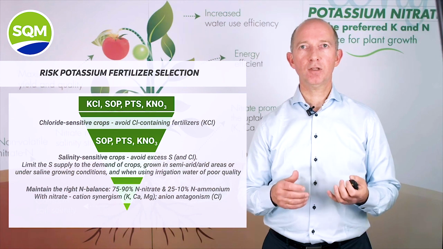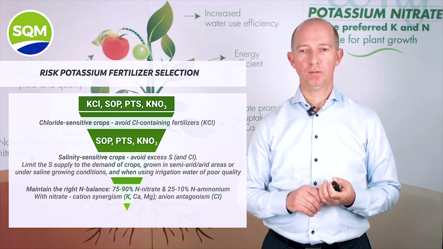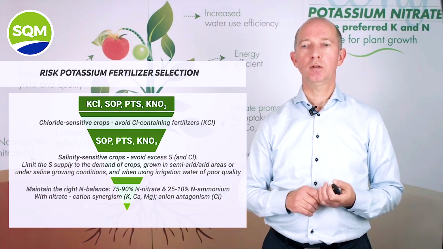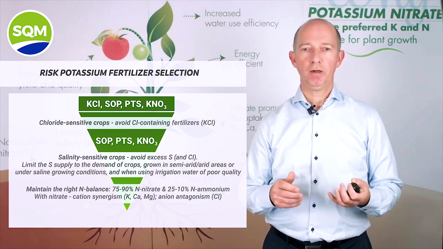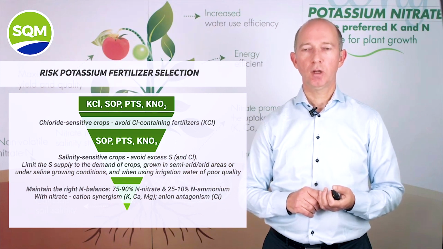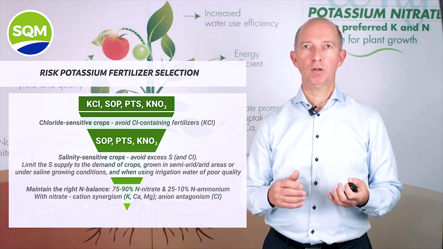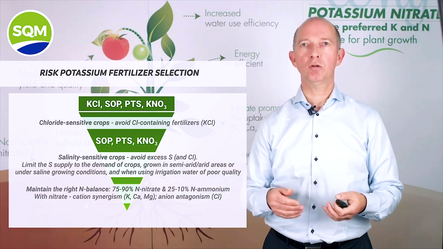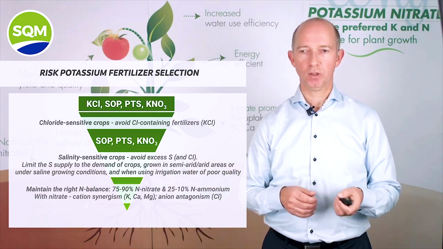Limit the sulfate supply to the crop demand. In particular, for those crops grown in semi-arid or arid areas, or grown already under saline growing conditions, limit the sulfate content to crop demand. Do not apply any excess, as it will only contribute to further salinization of the rooting soil.